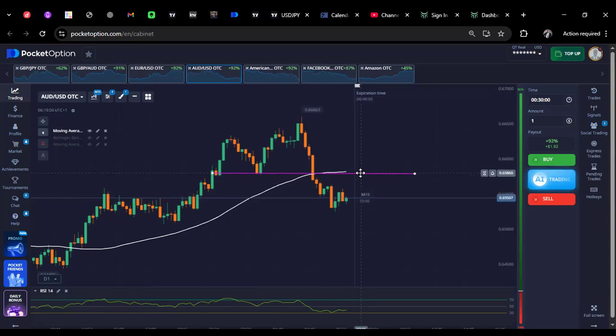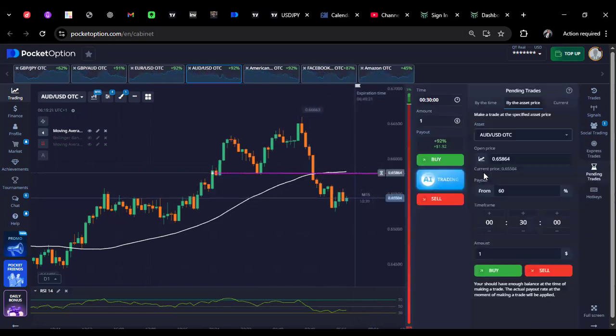So what I'll simply do, if you use a laptop, instead of coming to pending trades all the time, you can simply come to this icon here. You can see this time and sound icon. You tap on it, and it will simply take you to your pending order straight up. Then you set what you want to set.